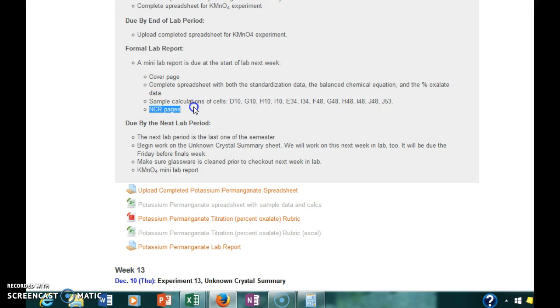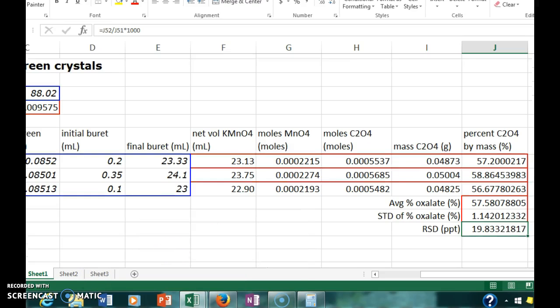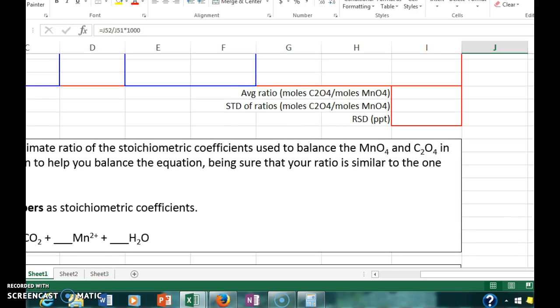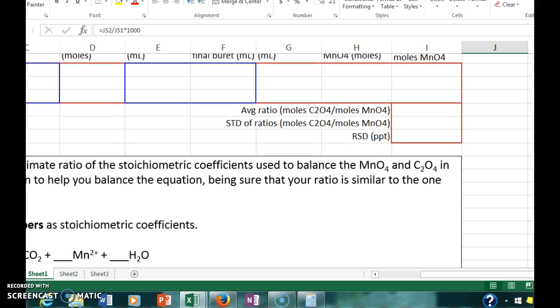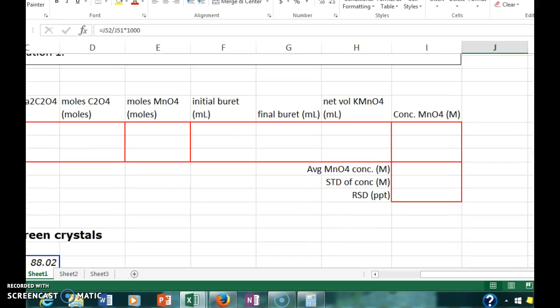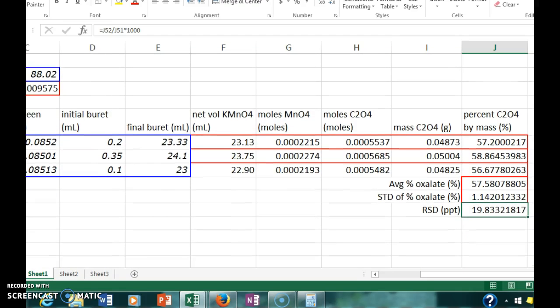And then you need to do NCR pages. So you're going to be showing some calculations from up here in row 10. You're going to do some from row 34, and then you're going to do some down here too. So that should be it for your report due on Thursday.